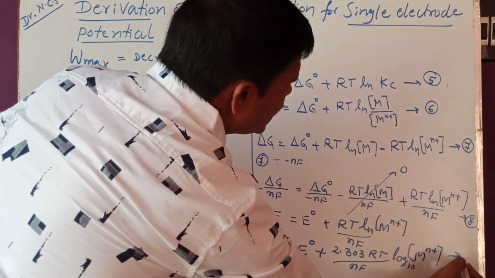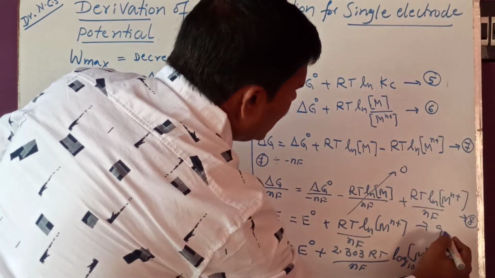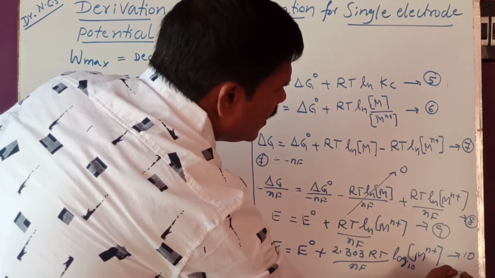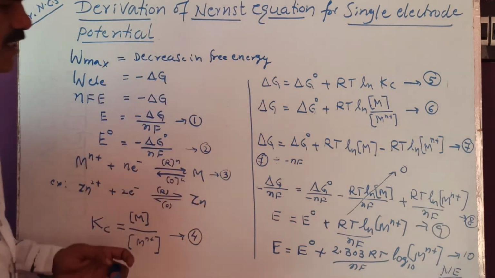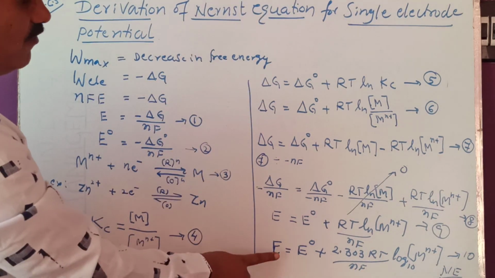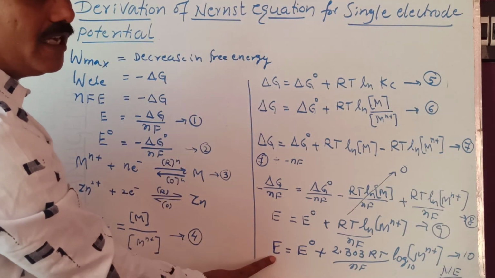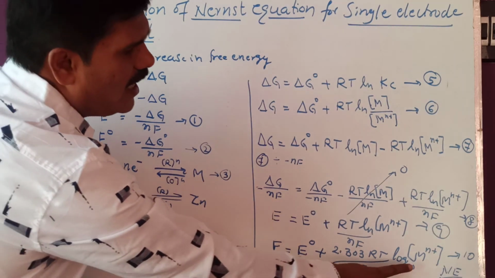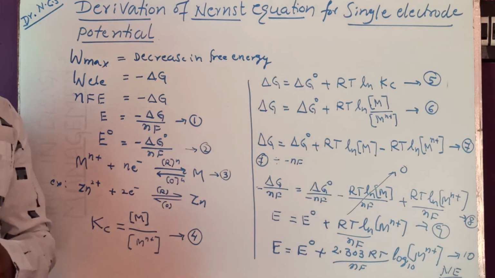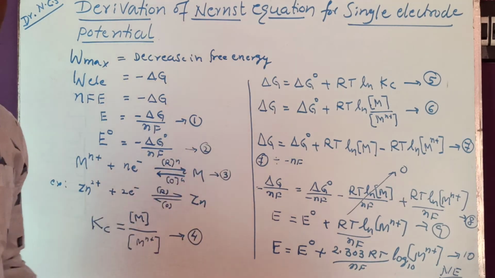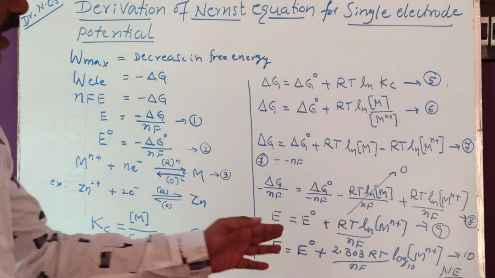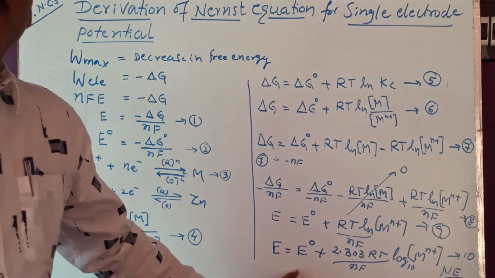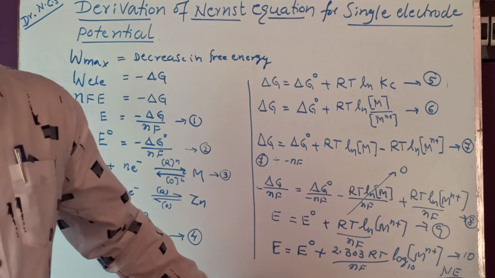So this is equation 9 and this is equation 10. This is called the Nernst equation for single electrode potential, which relates the electrode potential E, standard electrode potential E naught, and the concentration of metal ions involved. So this is required for calculating the electrode potential of a single electrode.